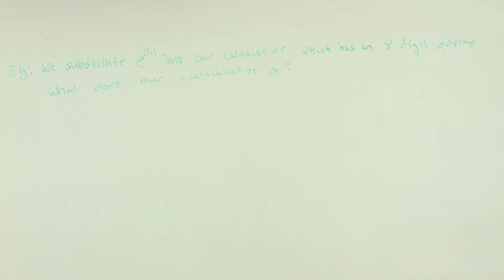Most likely it's doing some sort of approximation, like a Taylor approximation in the background, but it has to know how many terms to keep, right? It could go to a gazillion terms, and that might be accurate, but we don't want to sit there waiting forever. So how many terms should it compute?